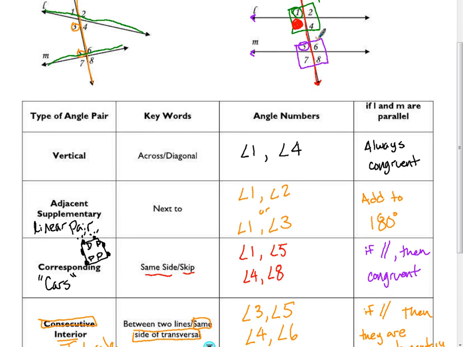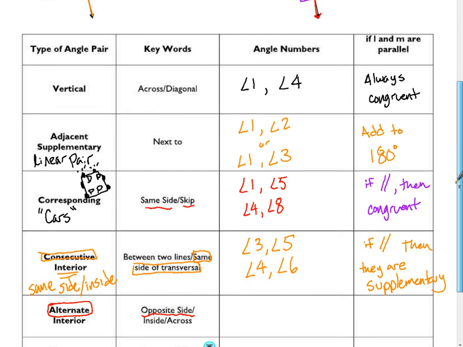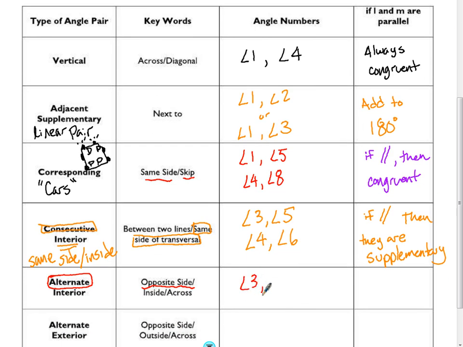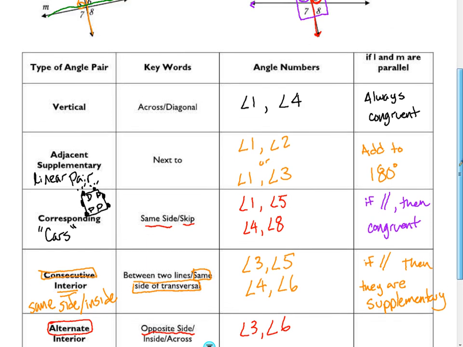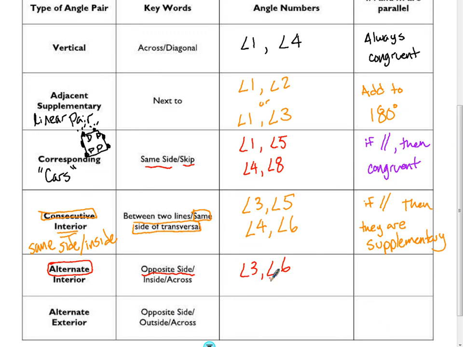So angle 3 would correspond with angle 6. Also, that would mean that angle 5 corresponds with angle 4. Because these are alternate interior, by definition, if the lines are parallel, then they are congruent.